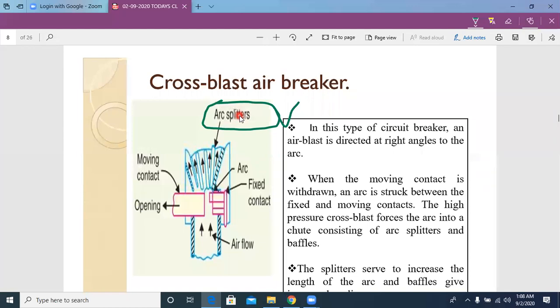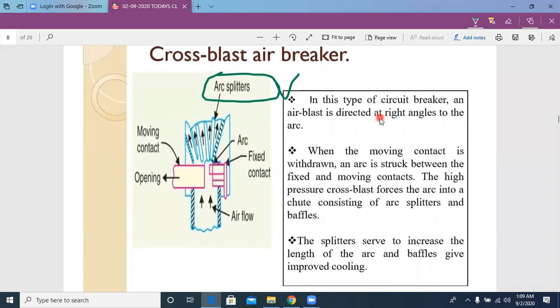When the R value is increased, the dielectric strength of the medium is increased. When the dielectric strength of the medium is increased, the medium gets the capability to extinguish the arc. This is the simple thing going on when the arc is going to be interrupted in a cross blast circuit breaker.